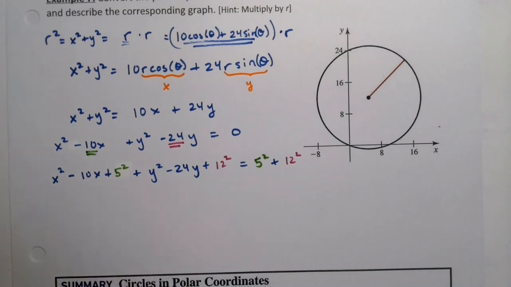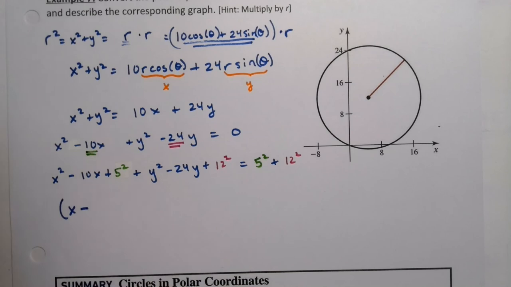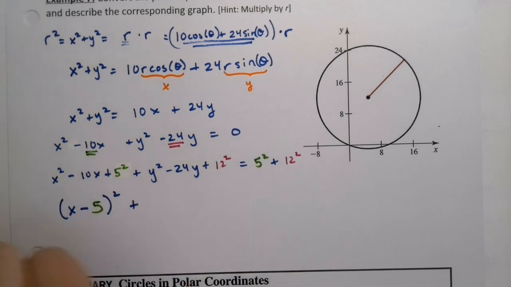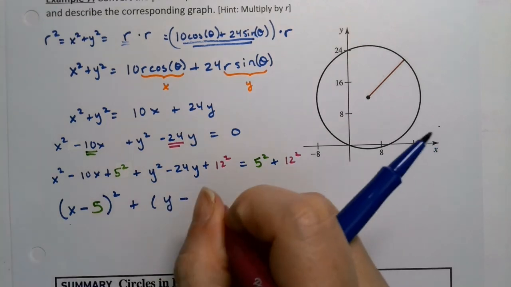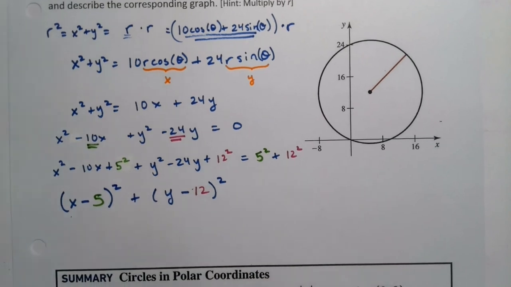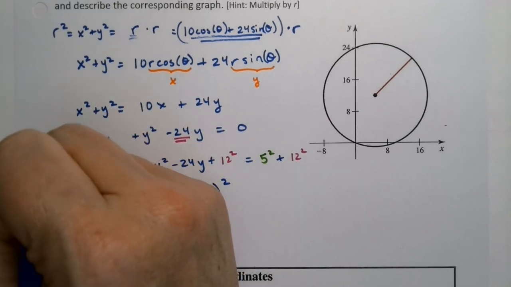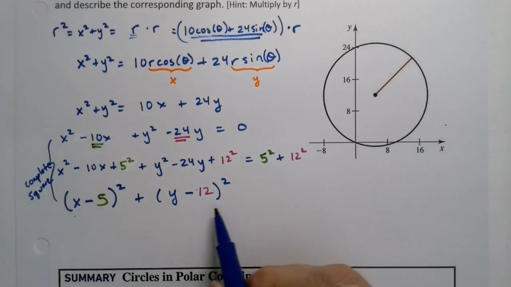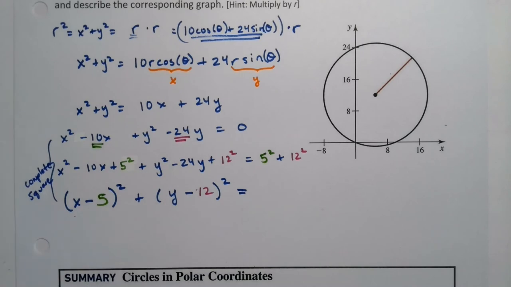This bit right here becomes x minus 5 squared plus y minus 12 squared, right? Which is equal to, that's 144 plus 25, which is 169.